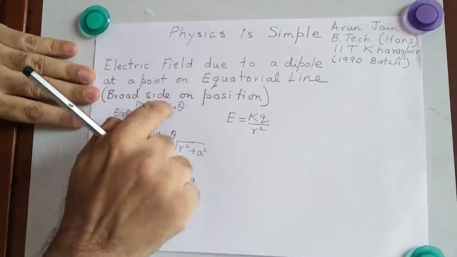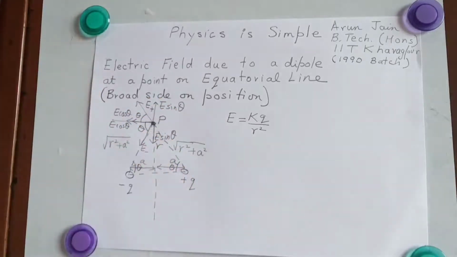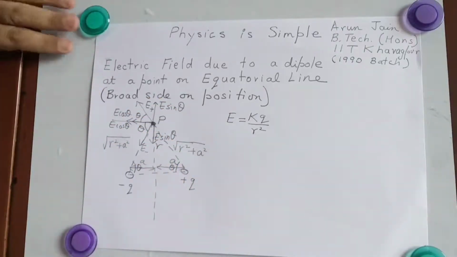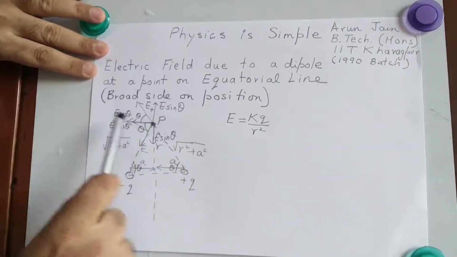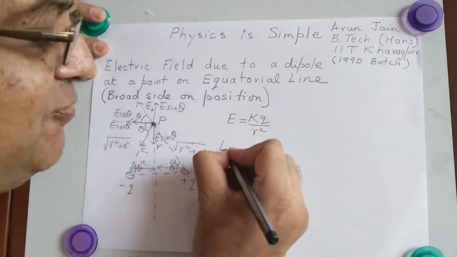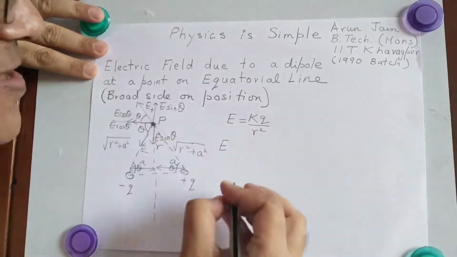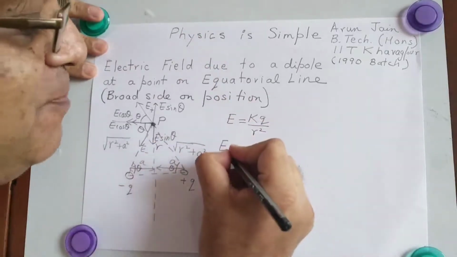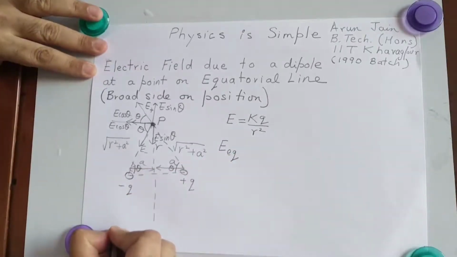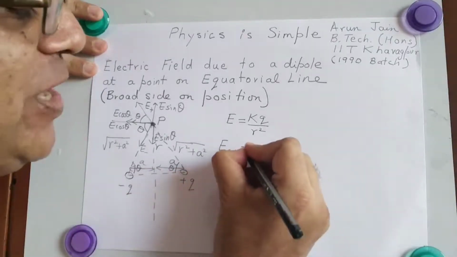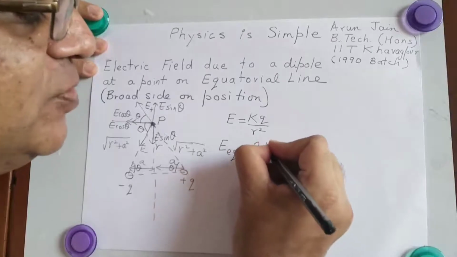Therefore, this E sin theta and E sin theta will cancel out. You are left with only E cos theta plus E cos theta. Therefore, the net electric field at a point on the equatorial line will be equal to 2E cos theta in magnitude.